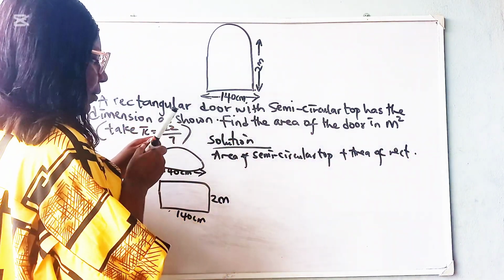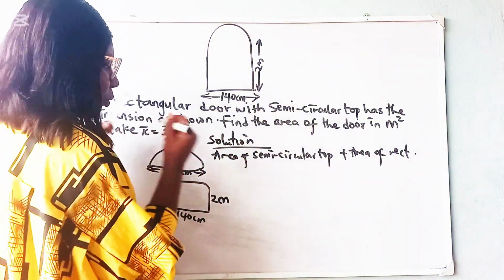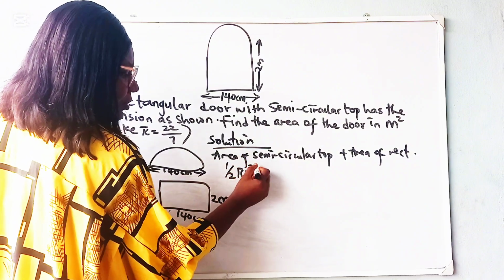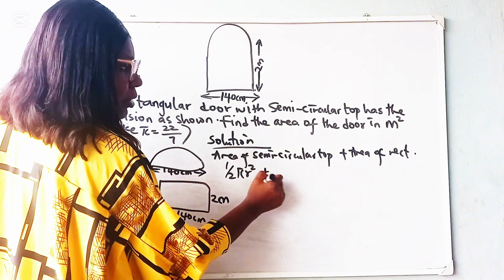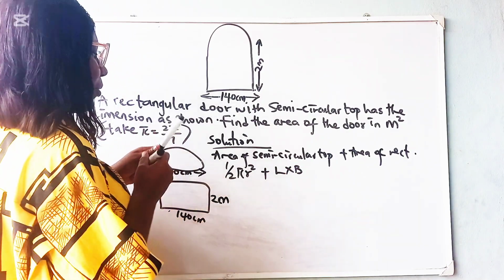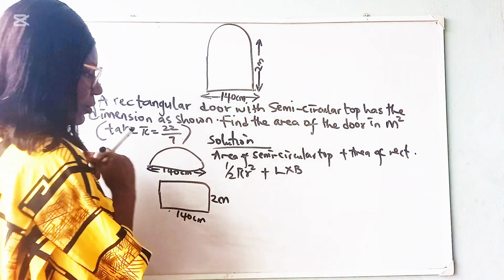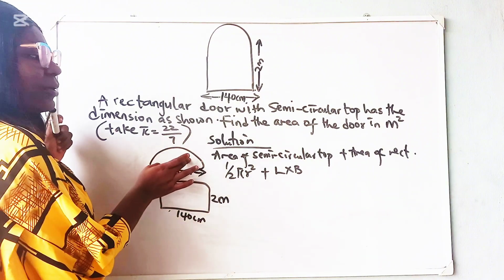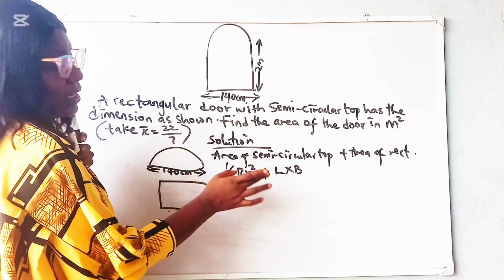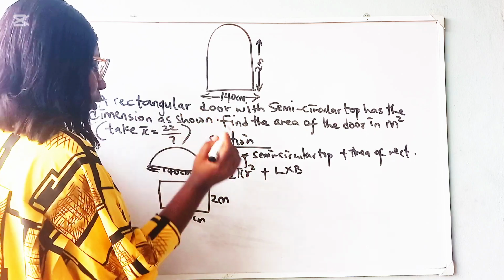Now the formula for finding the area of the semicircular top is half pi r squared, and the area of the rectangle is length times breadth. So we're going to solve for the semicircular top first, then the area of the rectangle.